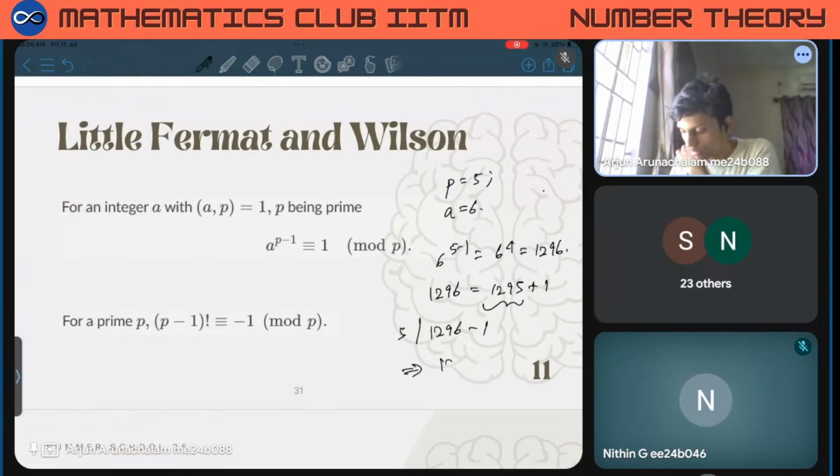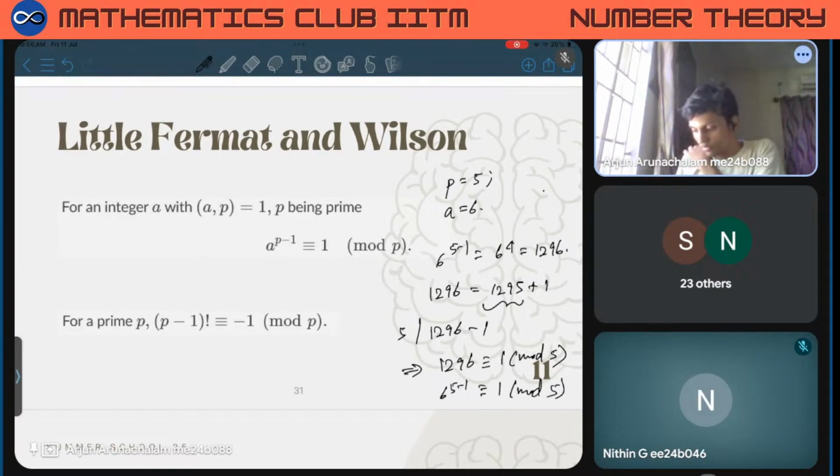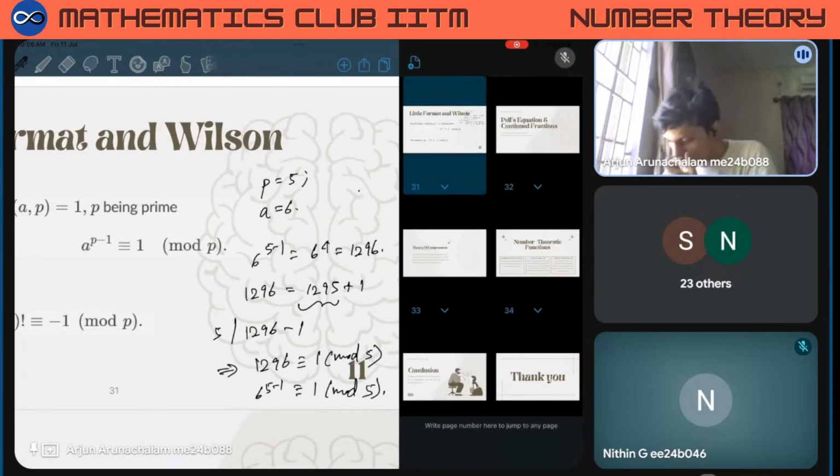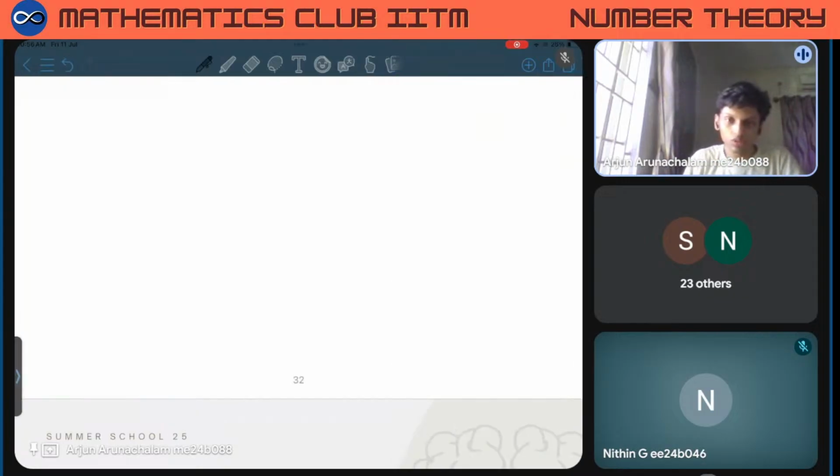So 1296 is congruent to 1 mod 5. This is an example of the theorem. So we'll now in fact prove this theorem.